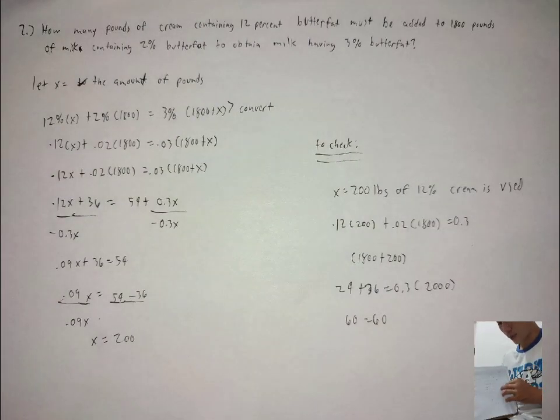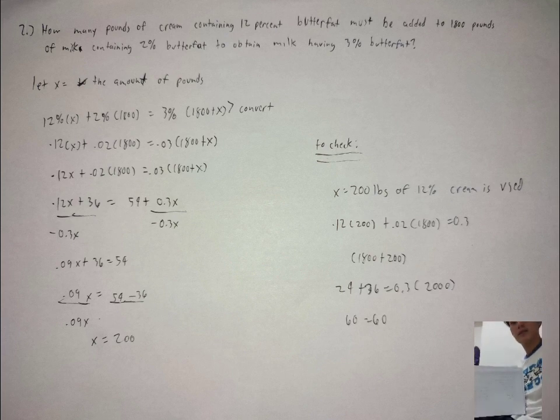So let's move to problem number 2. Here in problem number 2, the question is: how many pounds of cream containing 12% butter fat must be added to 1,800 pounds of milk containing 2% butter fat to obtain milk having 3% butter fat?